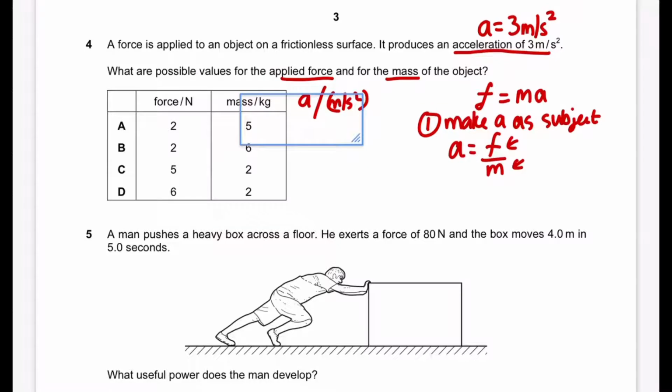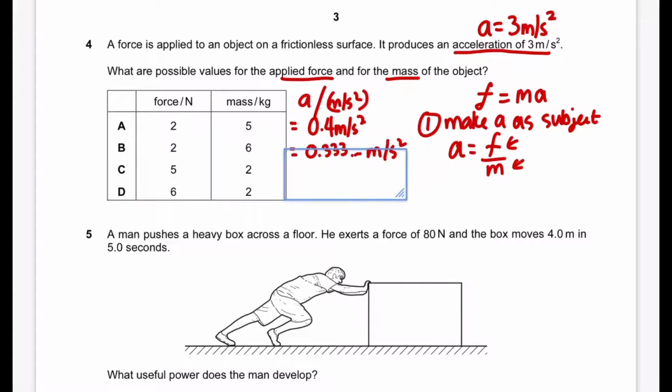With the use of calculator, for option A, 2 divided by 5 is 0.4 meter per second square. Option B, 2 divided by 6 is 1/3 or 0.333 and so on meter per second square.